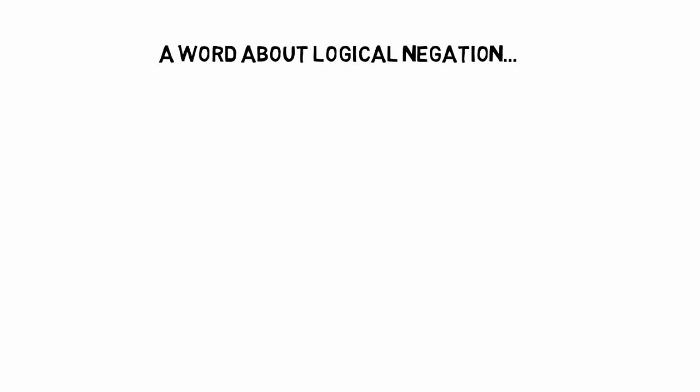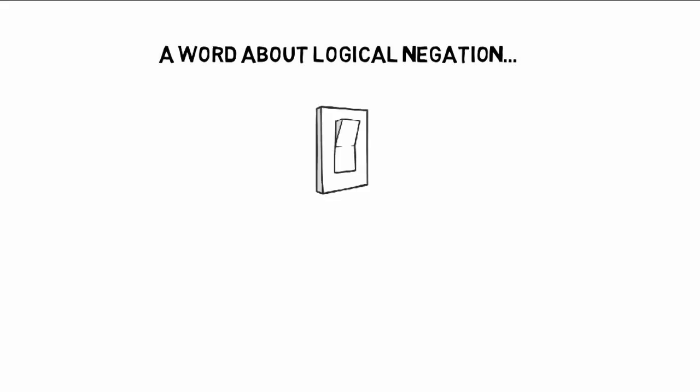Logical negation is not like mathematical negation. It's not like other types of negation. Because in logic, negation simply changes the truth value of whatever expression we're negating. And one easy way to think of that is that it's like a light switch being turned on and turned off.